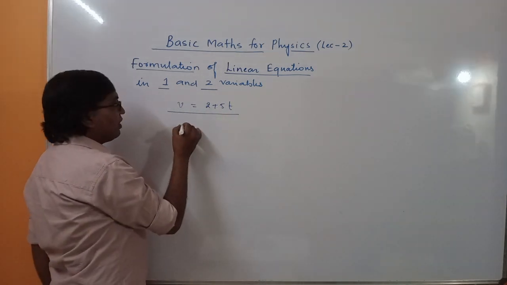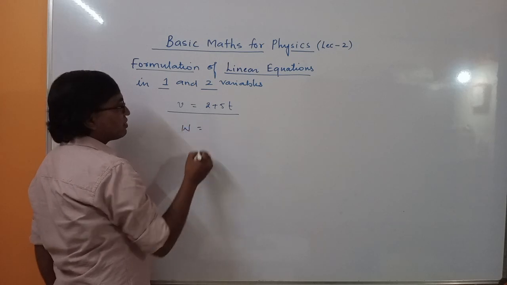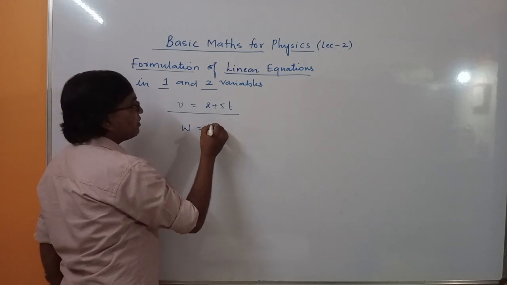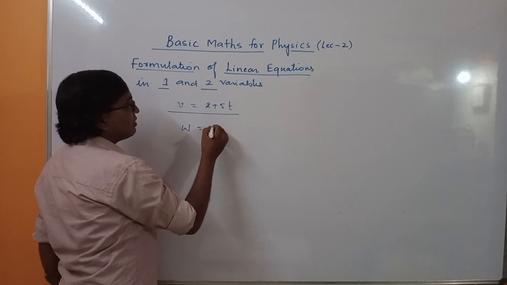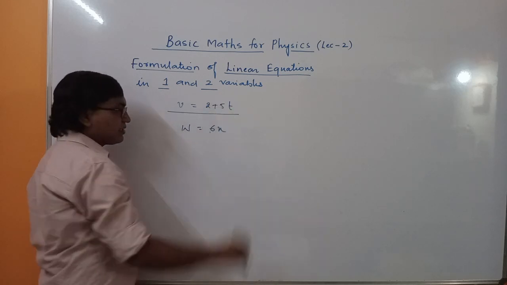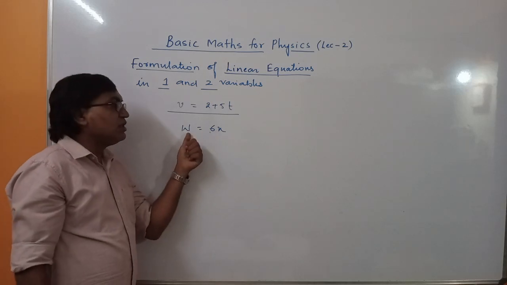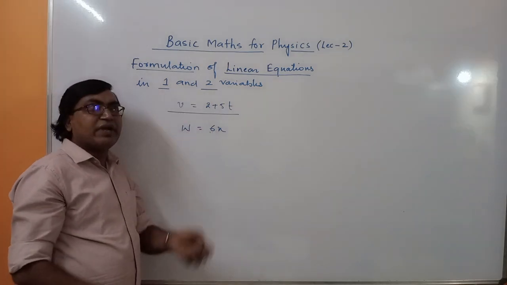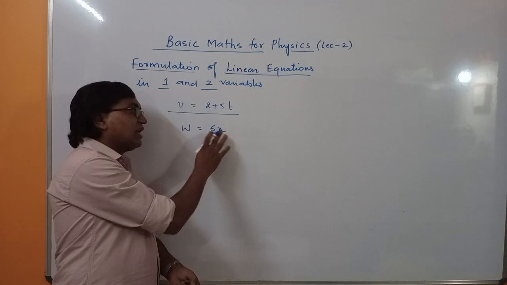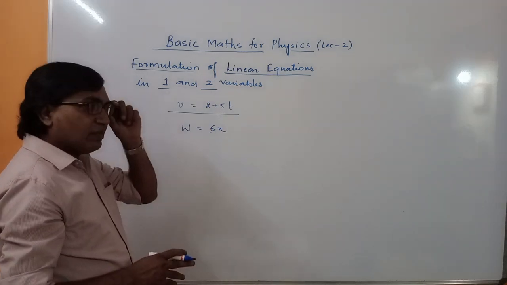Similarly, work done by a constant force is equal to, let us say, 6x. So work done is 6 into x. So work done and x both are variables.